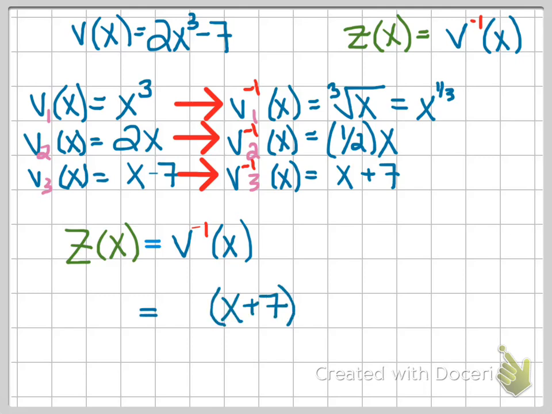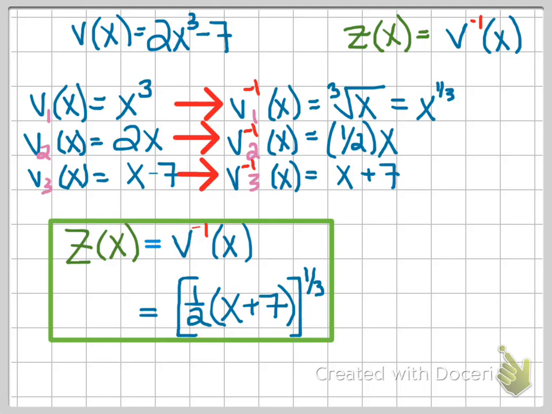I'm going to start with my x plus 7. And then I'm going to half whatever my result would be. And then I'm going to cube root whatever that result would be. I'm working my way from in, moving out.